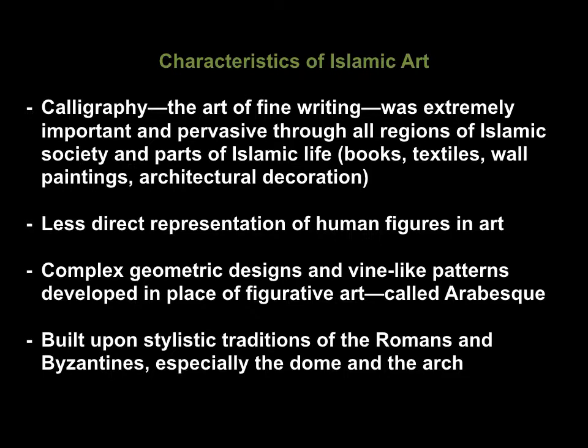Instead, highly intricate designs made up of repeating geometric or vine-like patterns called arabesque, as well as highly decorative lines of text called calligraphy, adorn the surfaces of both two-dimensional and three-dimensional forms in Islamic art. Many of the art objects and monuments did build upon the styles and innovations of the civilizations before these Islamic empires, though, especially in the use of Roman and Byzantine architectural traditions.